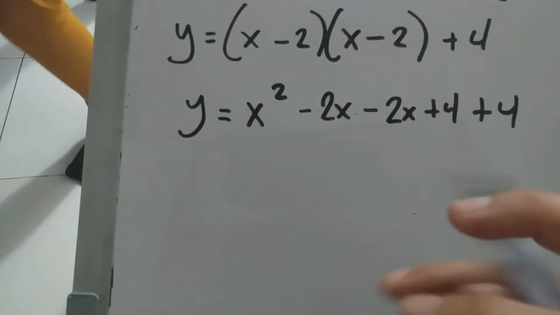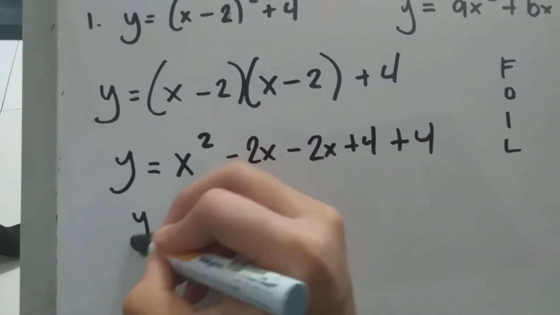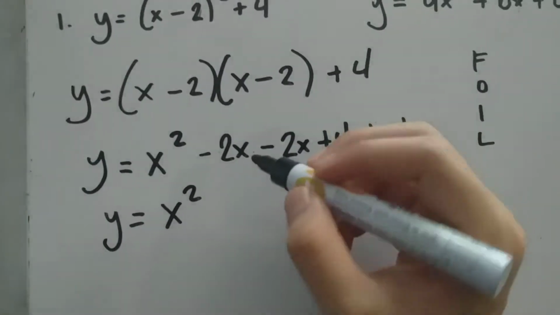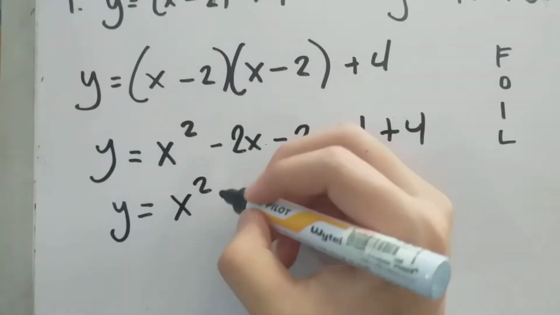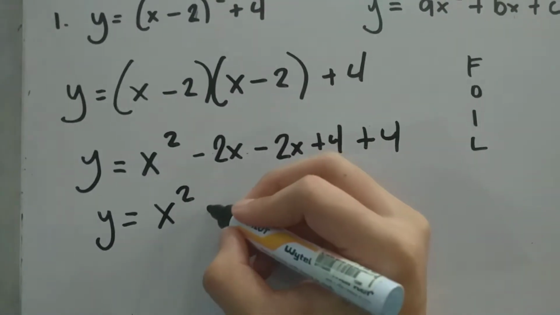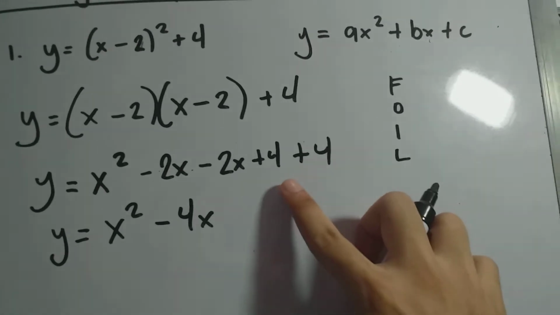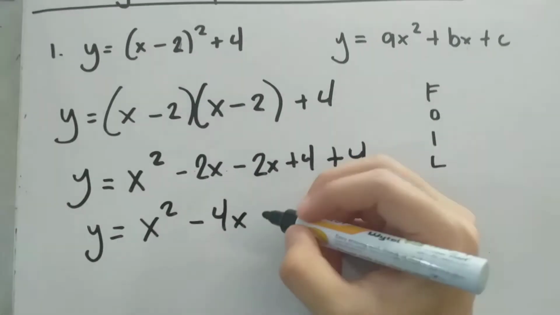And there we go. Now, just combine like terms. You get y is equal to x squared, because x squared is single. Combine the like terms of x: negative 2x plus negative 2x gives negative 4x. Then you have plus 4, then plus 4, because these are both constants, you get plus 8.